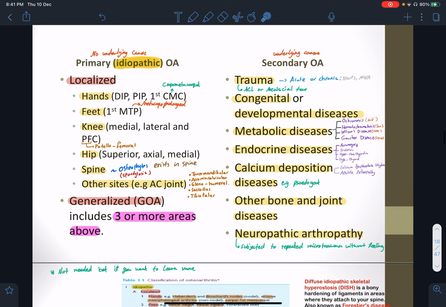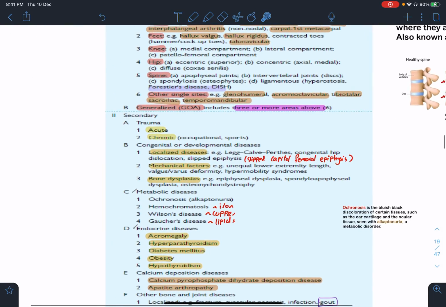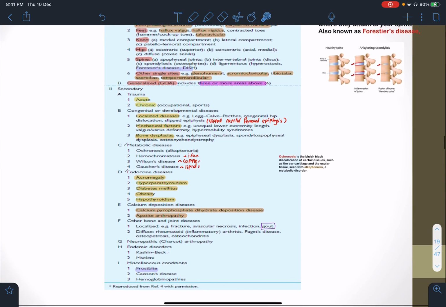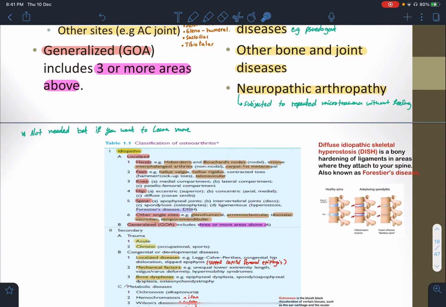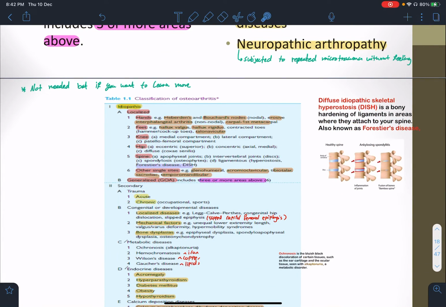Secondary reasons: you have trauma, congenital, developmental, metabolic, endocrine disease, calcium deposition, other bone and joint disease, neuropathic arthropathy. You can actually go through this table.